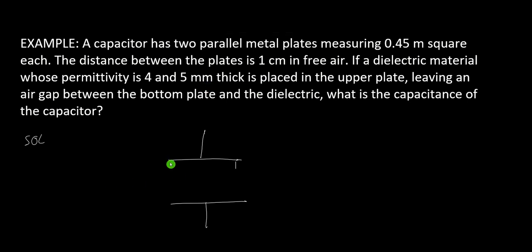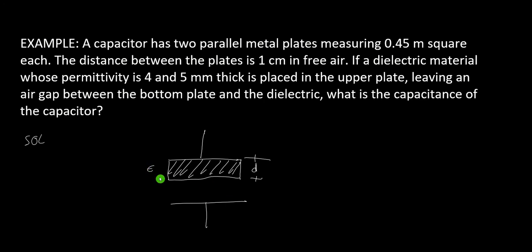So we have a dielectric here on the upper plate, which is 5 millimeters thick. We can call this one D, or simply D. And this part is free air.